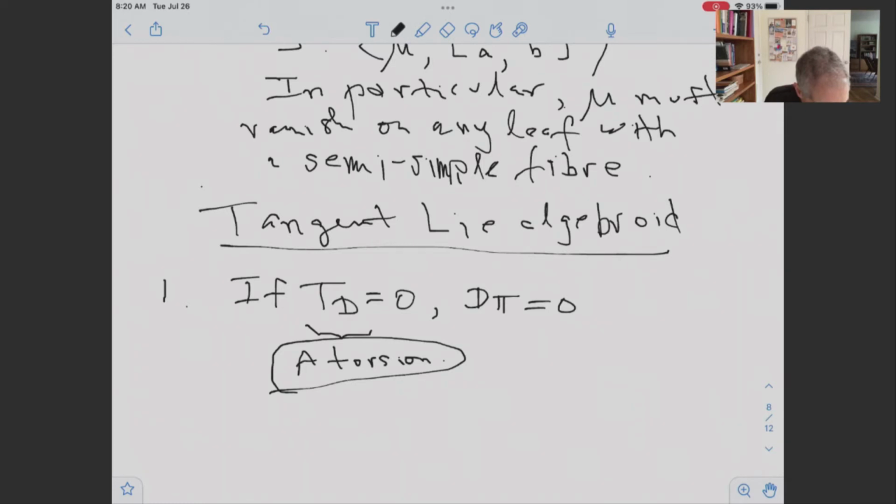Sorry, it's the tangent Lie algebroid. So the A torsion is the usual torsion, and d pi equals 0 along symplectic leaves.